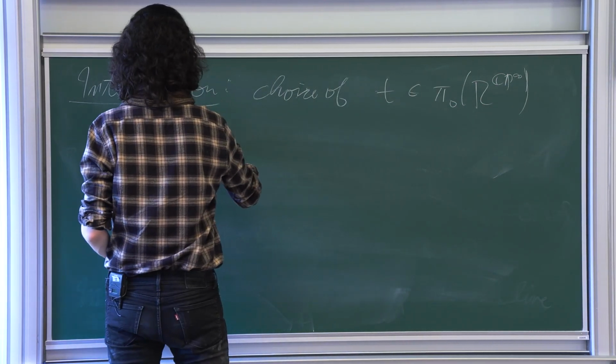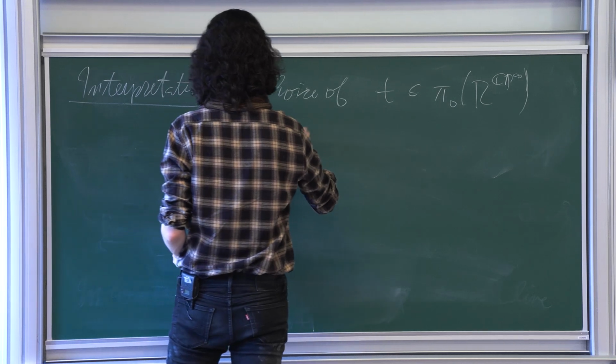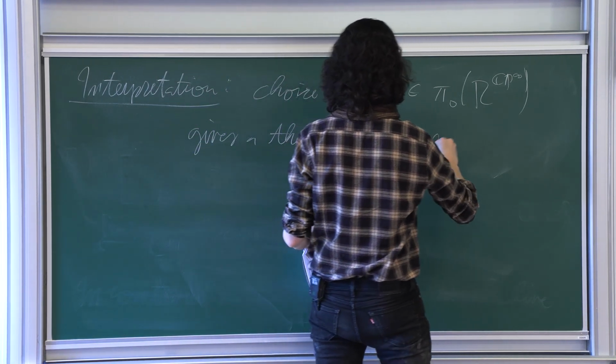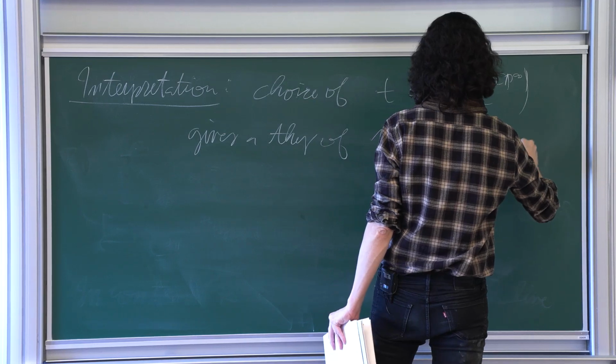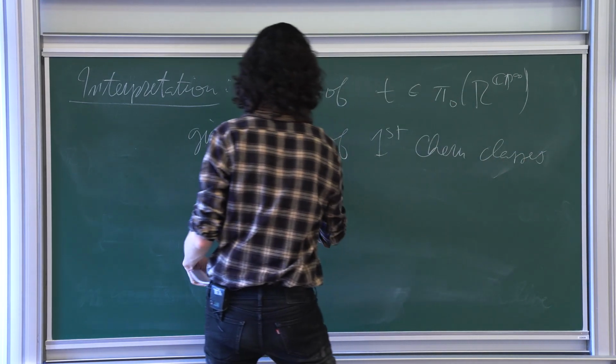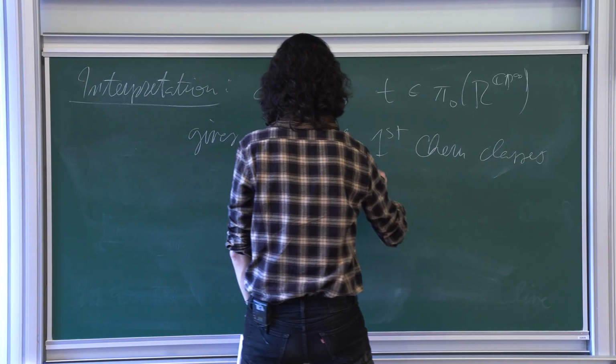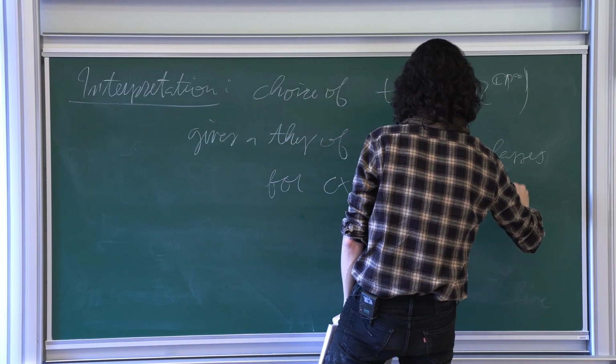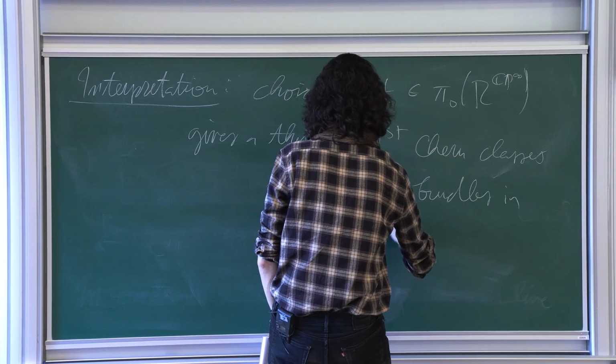This gives a theory of first Chern classes for complex line bundles in R cohomology.